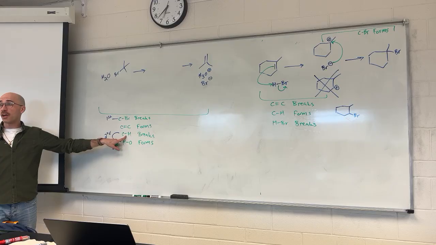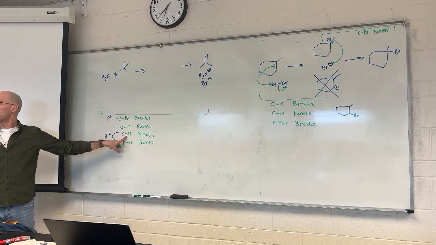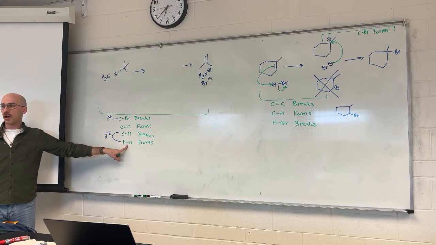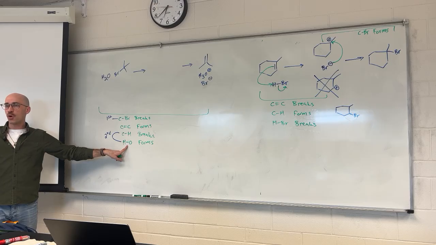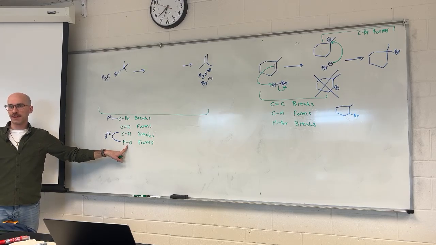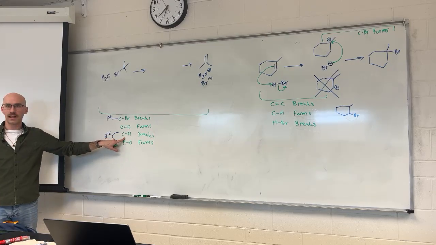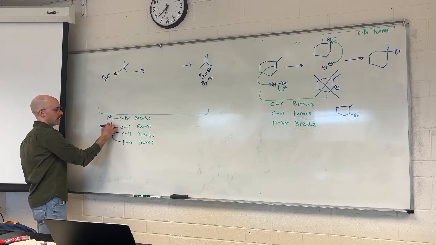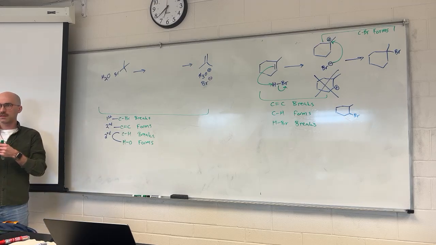Well, the CH bond breaks to the more electronegative atom, which is carbon. So I can get electrons for my carbon-carbon bond from the CH bond breaking. An OH bond forming, bonds form from the more electronegative atom, which means oxygen will be the one forming this bond. Carbon is the one taking these electrons to form this other bond. So this also has to happen in the second step.